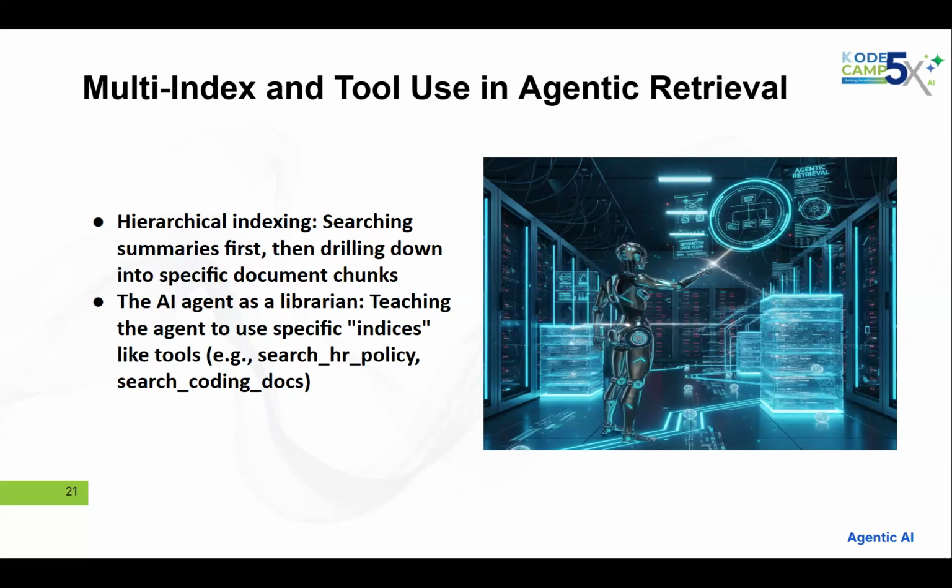In the agentic retrieval context, it now searches through the different chunks related to that summary, and then it retrieves the ones that are most relevant. This is like a divide and conquer kind of approach to agentic retrieval. Any question?